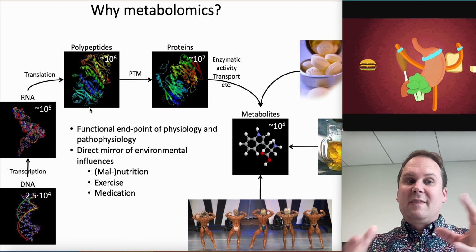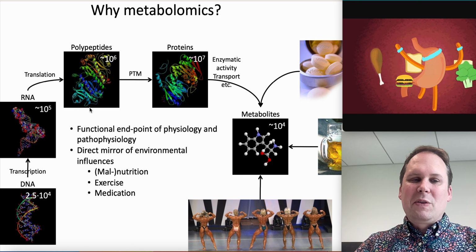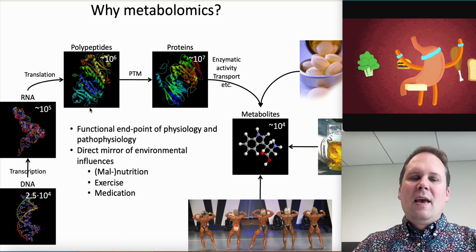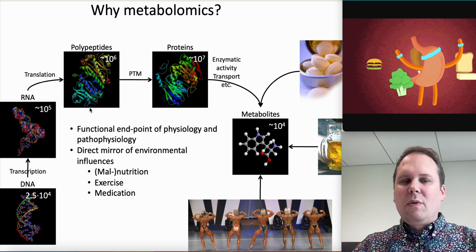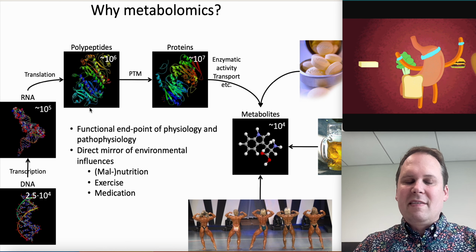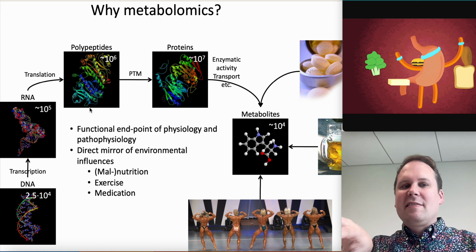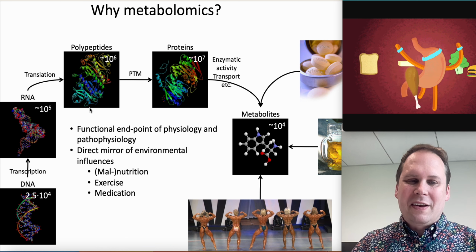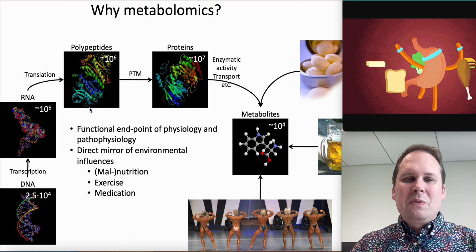You need to take some cells and dissolve them and get out the proteins and throw them at the wall with your mass spec machine. Whereas with a metabolome, you can sometimes do it from a little drop of blood or some sort of secretion, and so you can potentially find out what's going on inside the organism without dissolving the organism.